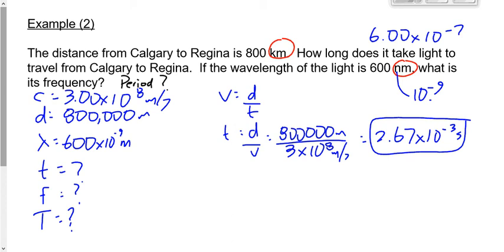All right, that's the time that it takes. Remember Galileo's experiment? He tried to measure by hand the time that it took light to travel 2 kilometers. It takes 0.00267 seconds to travel 800 kilometers. The time that it takes to travel 2 kilometers is ridiculously small.